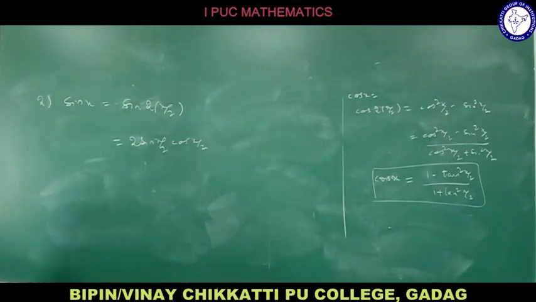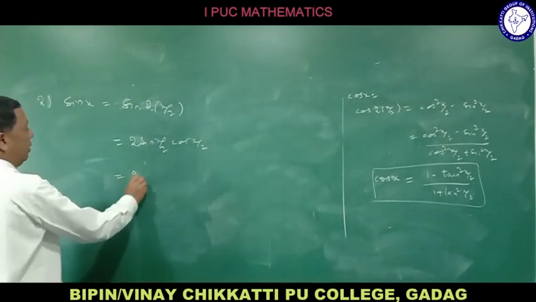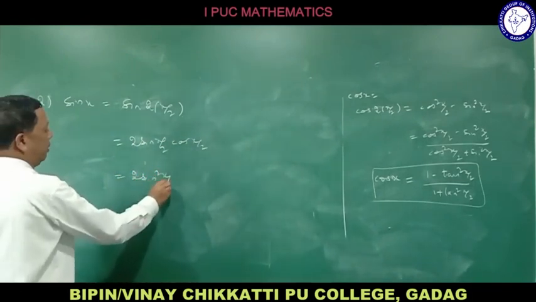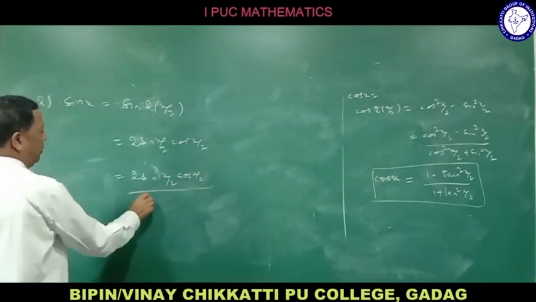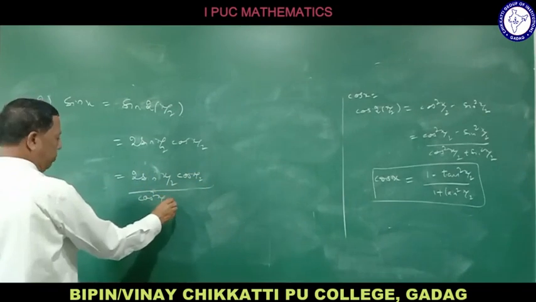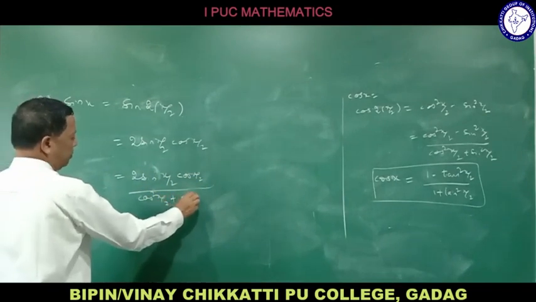And here you understand that basically you can write this in terms of tan. You may write 2 sin x by 2 cos x by 2 divided by cos square x by 2 plus sin square x by 2.